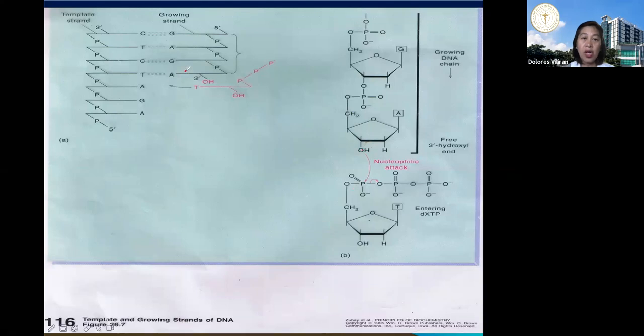So the direction of replication runs from 5' to 3', okay? The 3' hydroxyl is always vacant to accept the incoming nucleotide, okay? So all the nucleotides here are monophosphates because the two phosphate groups are cleaved off during replication.